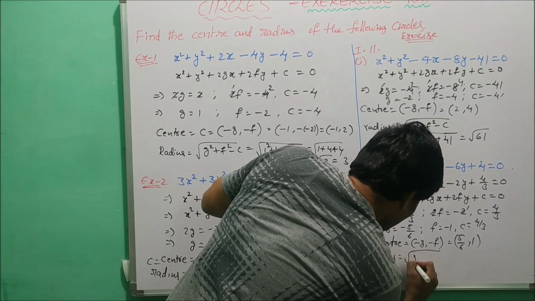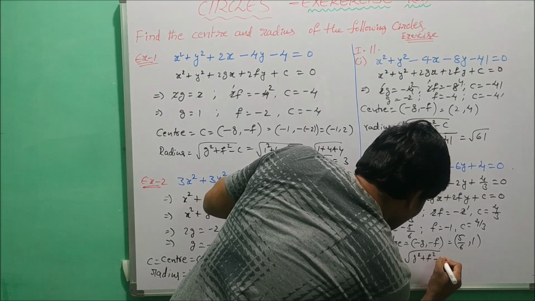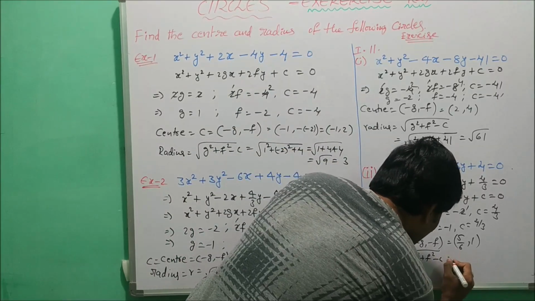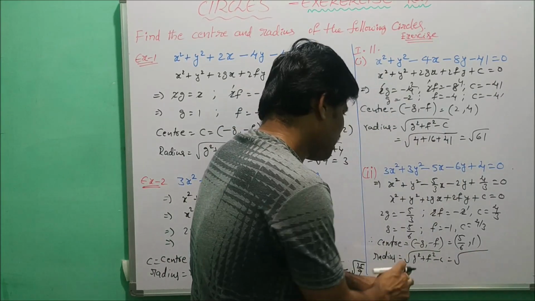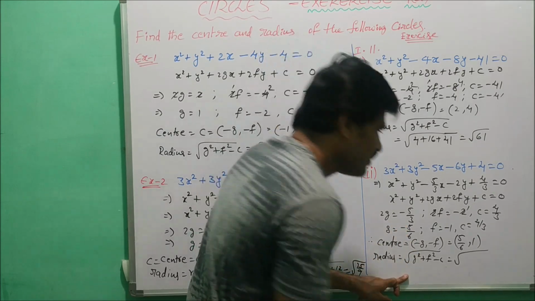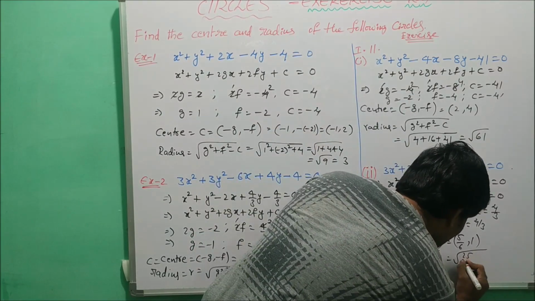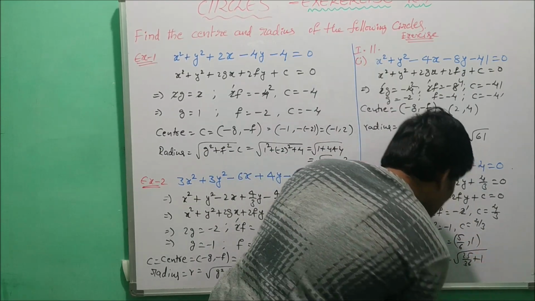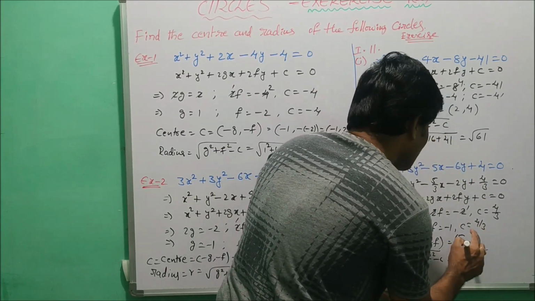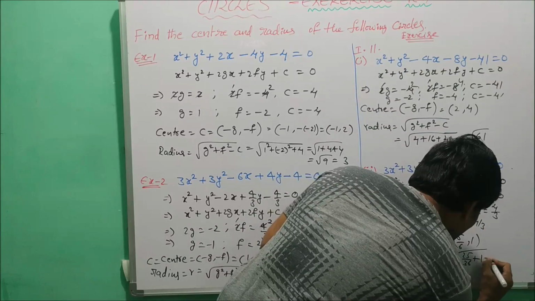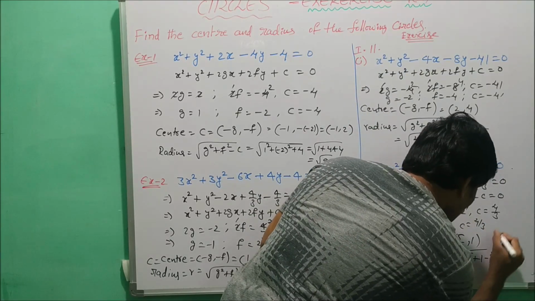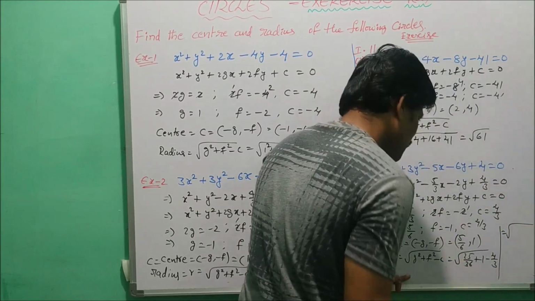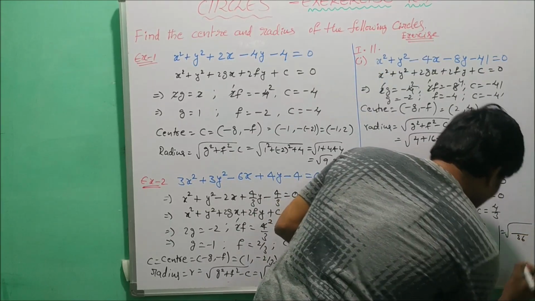Similarly radius equals square root of g square plus f square minus c. In this substitute the values. G square, minus 5 by 6 whole square, that means 25 by 36, plus f square, plus 1, minus c. In this minus c means minus 4 by 3, that equals, in this one square root, LCM is 36.